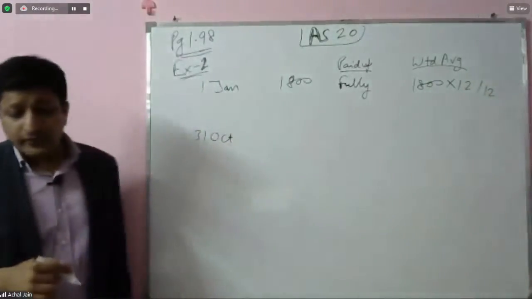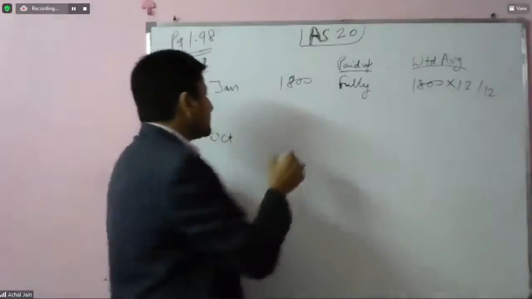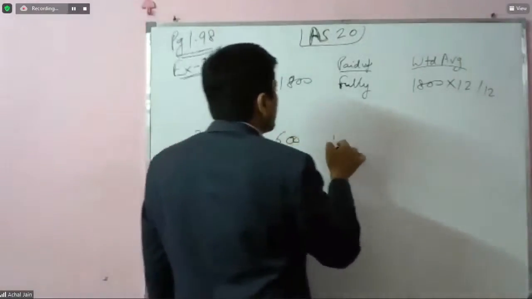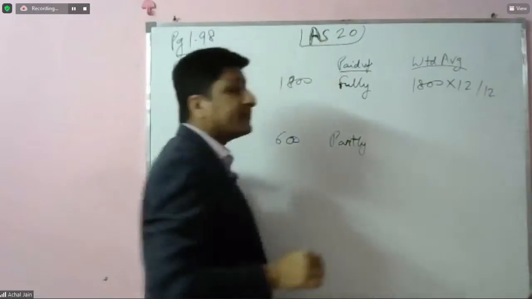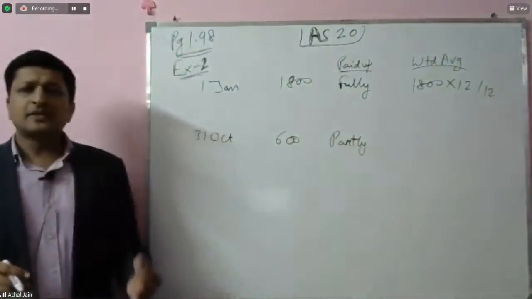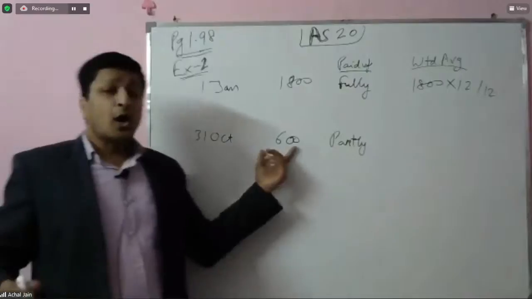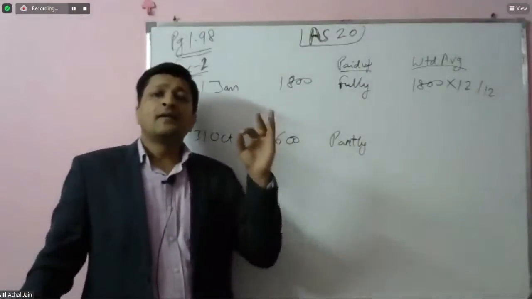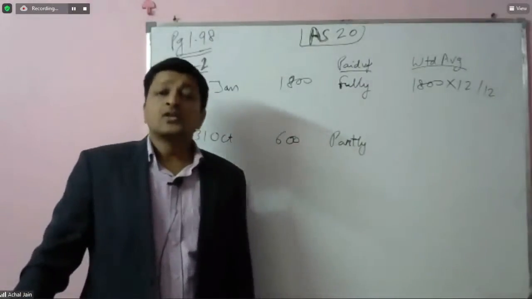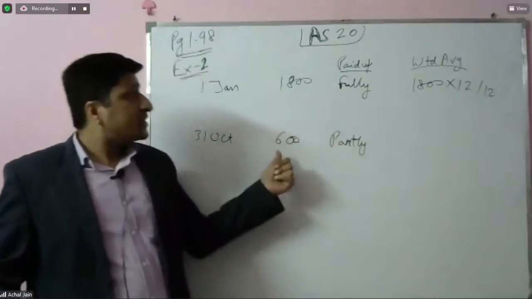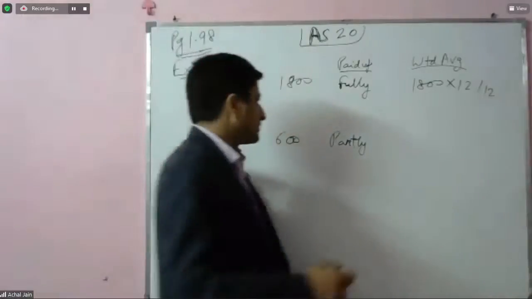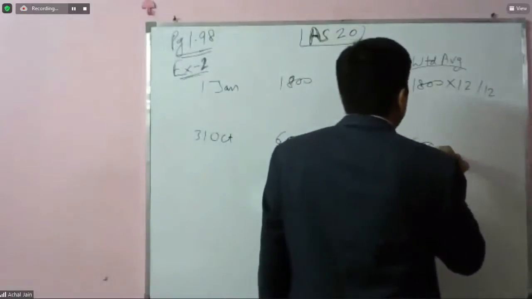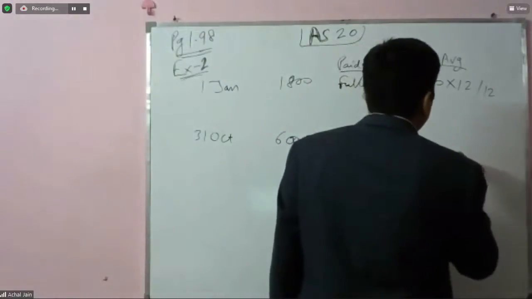Then on 31st of October, 600 shares have been issued, partly paid up. And luckily for us, just to make the computation simple, how much is the part payment? 50%. So out of these, how many shares will we consider for the weighted average? 50%. So 600 into 50% into 2 divided by 12.